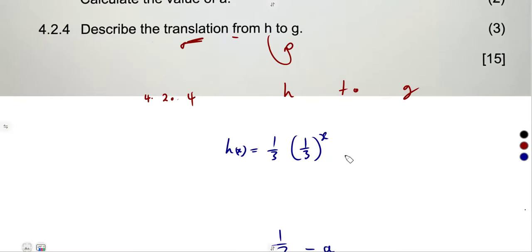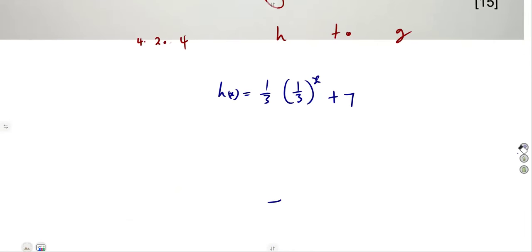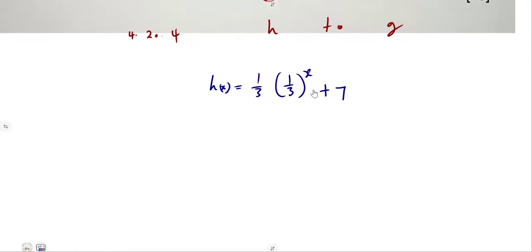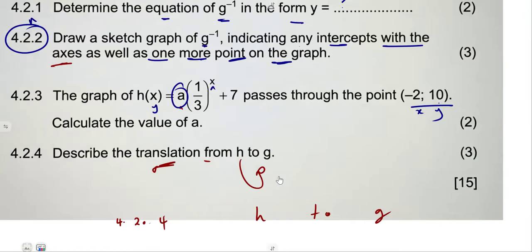I'm just rewriting this in simplest form with what we are given. So that's our h(x). So what actually happened to get g?